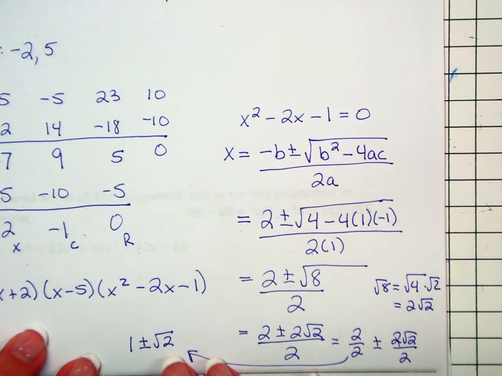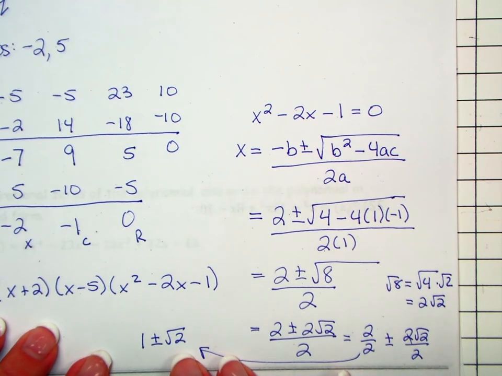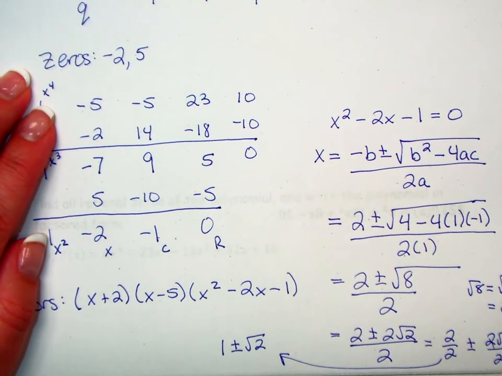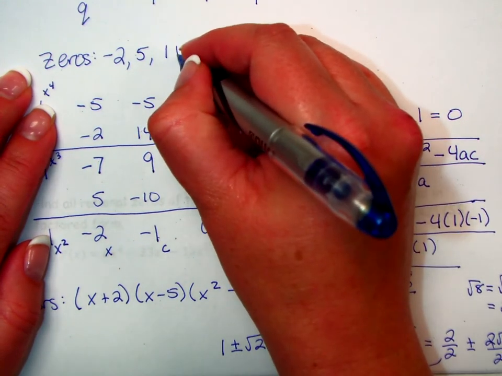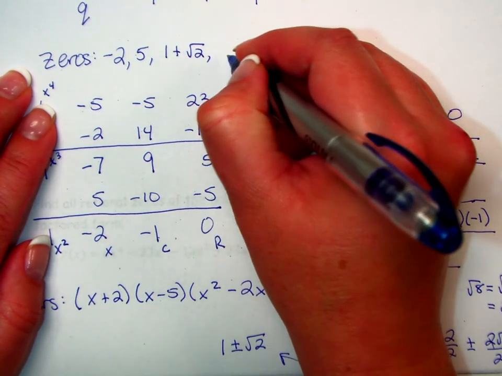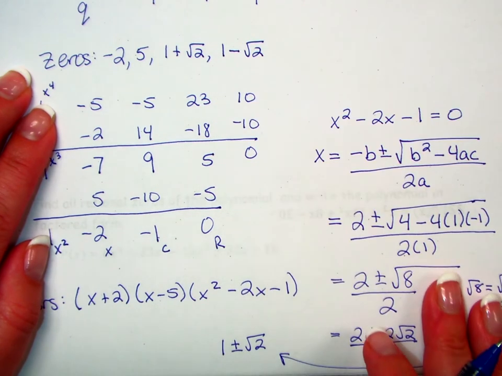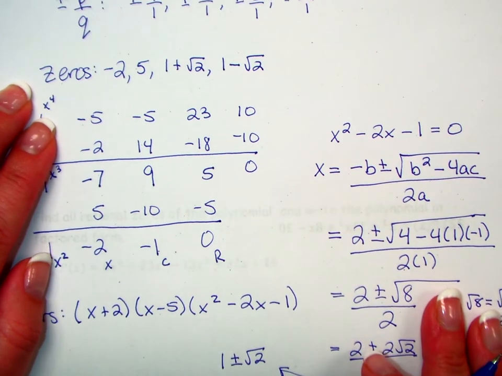Okay, these are my other 2 zeros. So when I go up to my zeros list and I list out these zeros, remember they have to be in a comma separated list, and you can't do plus or minus, so we're actually going to do 1 plus rad 2, comma 1 minus rad 2. Right? These are all the zeros of the polynomial.